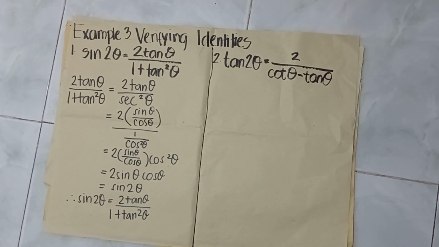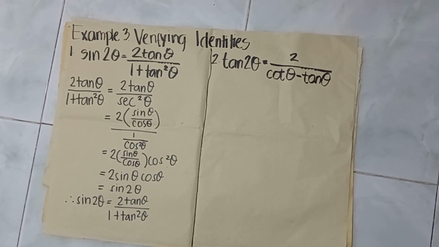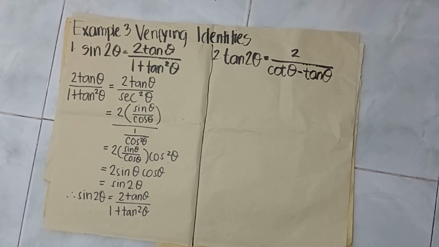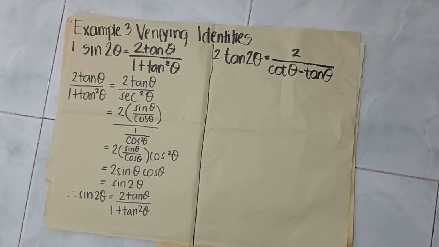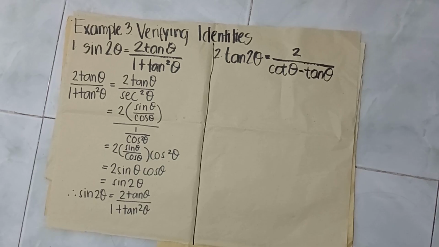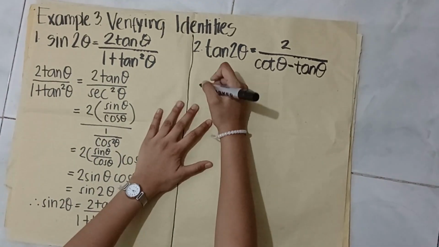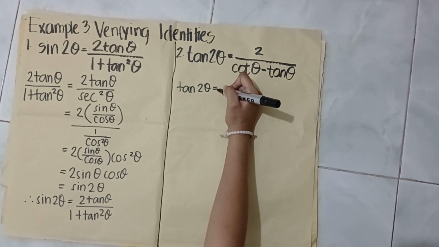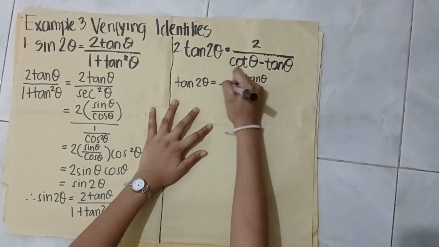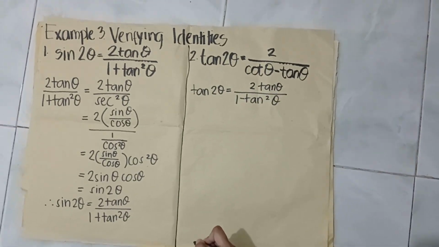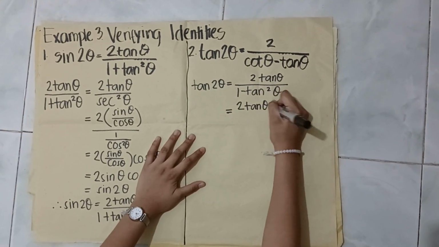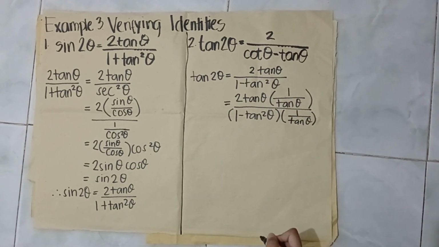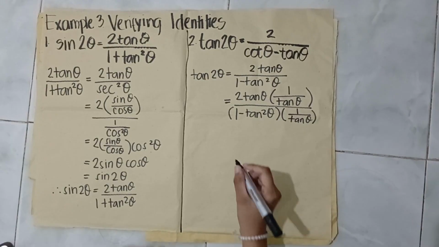Number 2, tangent 2 theta equals 2 over cotangent theta minus tangent theta. And in this case, we begin with the left side of the equation. We use the double angle identity. And then we simplify.